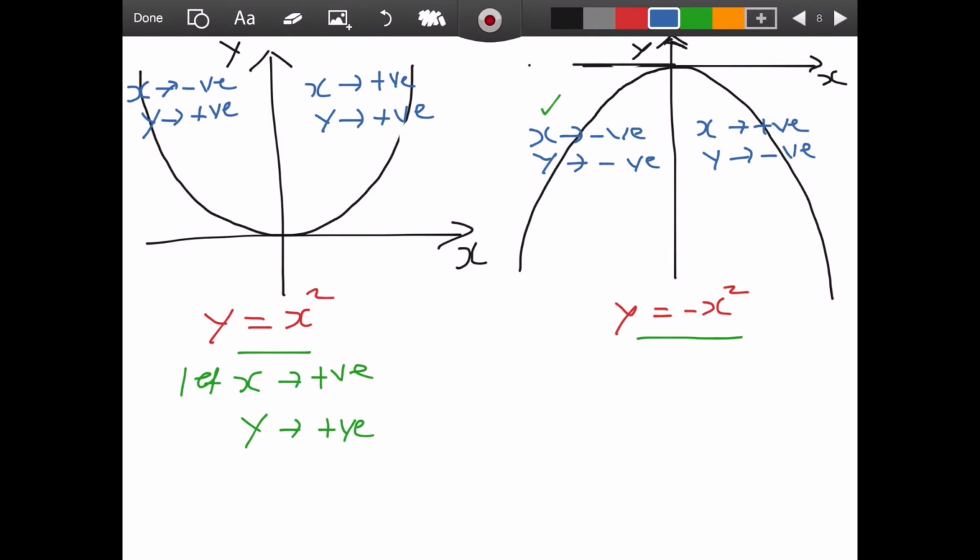Okay, so let's see whether the pattern of the equation y equal to minus x squared actually is the same. Let's check. When we let x to be positive first, and what is y? We just put a minus and, for example, positive 1 squared. We realize that it is a minus 1, right? So y is negative.